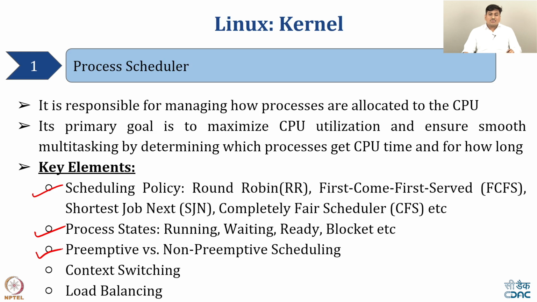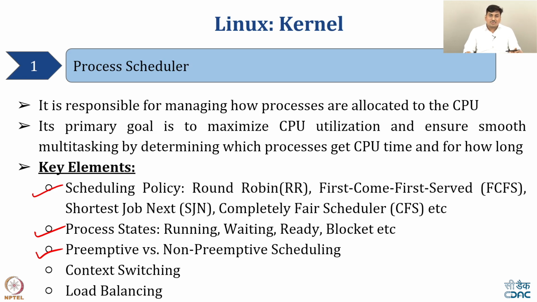Then preemptive versus non-preemptive scheduling. So, what is meant by preemptive and non-preemptive? Preemptive means that if one particular process is running on the CPU, and in between a high priority signal or a high priority process comes in, we can retrieve the CPU resource allocated to that particular process.